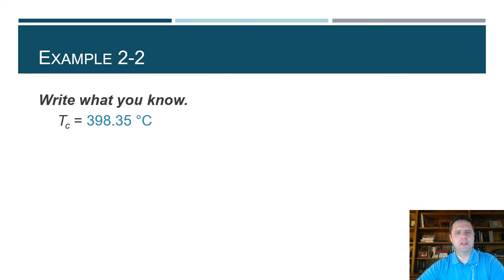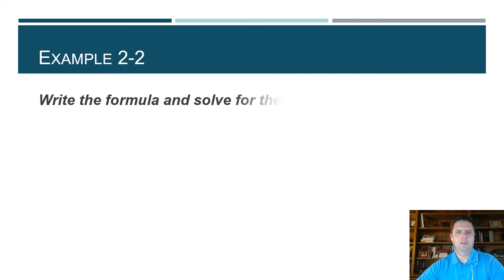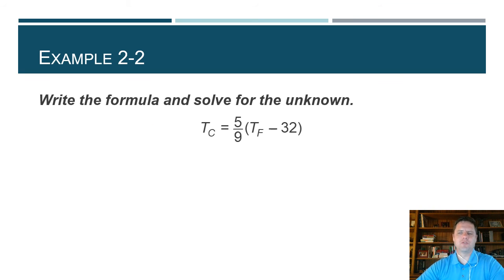Now, if we want to go from Celsius to Fahrenheit, we need to use another formula. The formula that we had so far was just from Fahrenheit to Celsius. So in order to do this, we need to solve it in the other direction. We need to solve this for Fahrenheit. In order to do that, we're going to multiply both sides by the reciprocal. So if we multiply this side by 9/5 and this side by 9/5, note what happens.